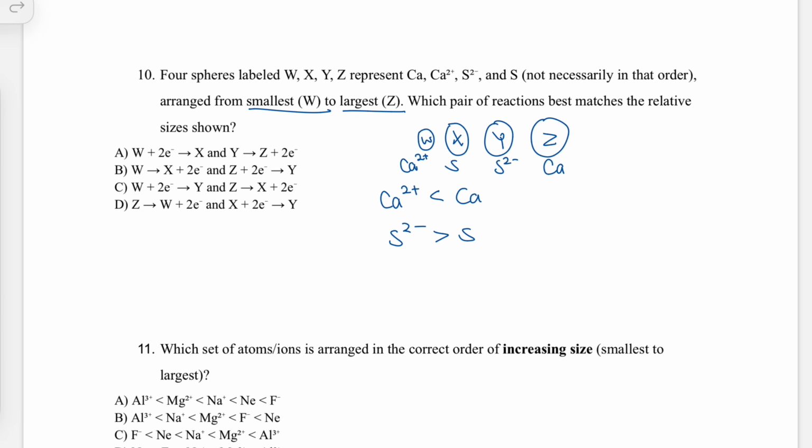So that was the logic behind corresponding each one, and now I have to figure out what the reactions are.